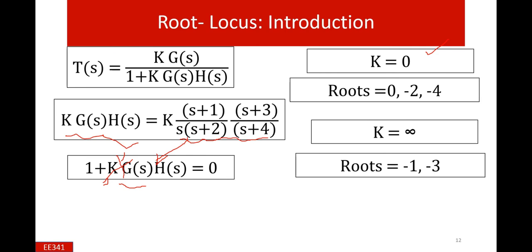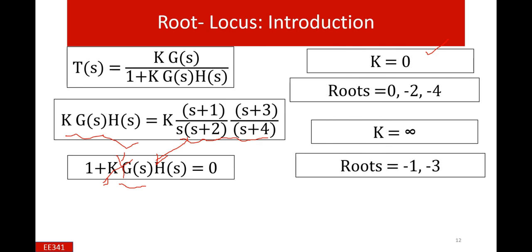It means Root-Locus starts from k equal to 0 and ends at k equal to infinity. In this case, the starting points are the three poles of the open loop transfer function, and it ends at the zeros of the open loop transfer function, which are at -1 and -3.